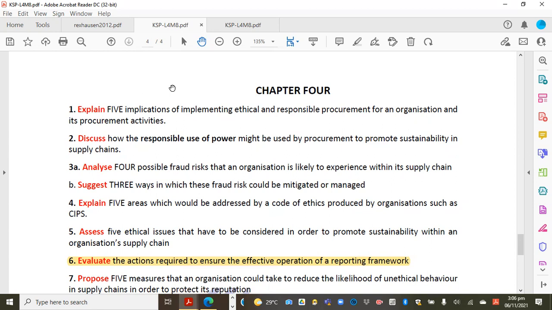Then we can also talk of phishing or corporate identity theft. It's also fraud. Corporate identity theft or phishing means that an organization is using the identity of another organization.